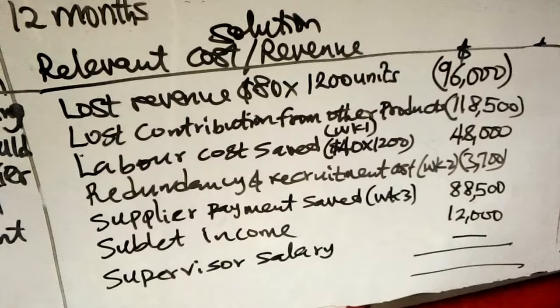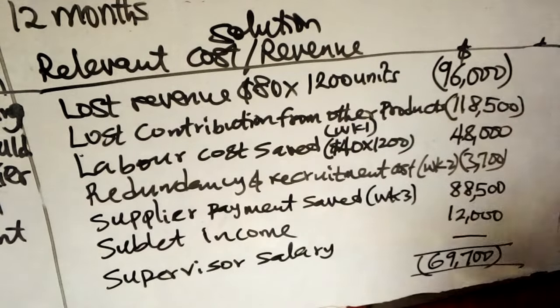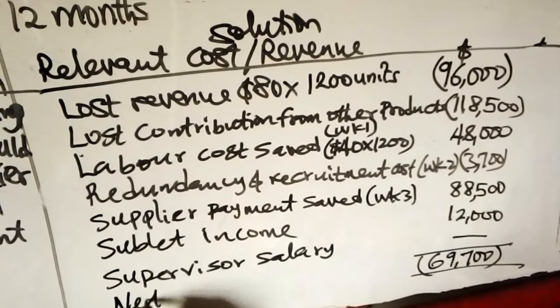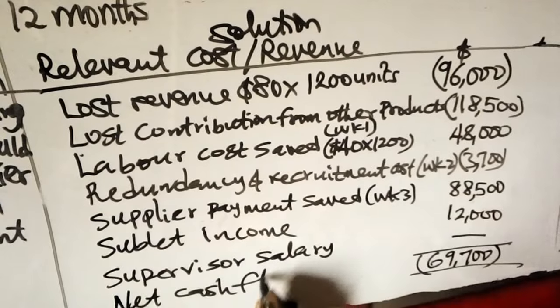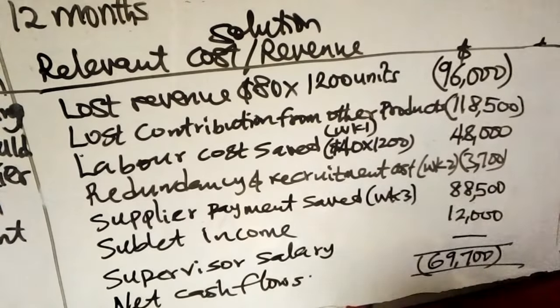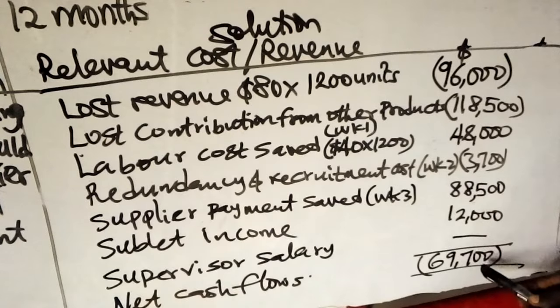That will give us 69,700 negative. That is the net cash flows. If you cease TD now, the relevant cost of ceasing TD now is 69,700.